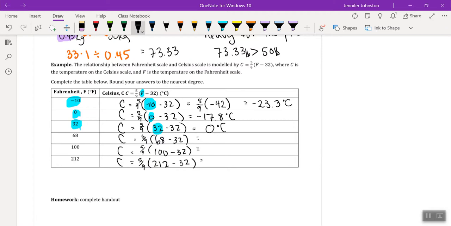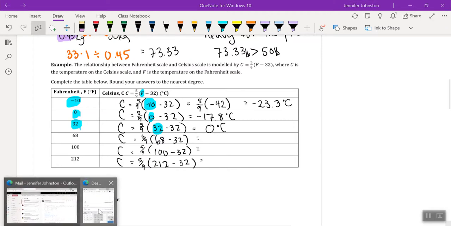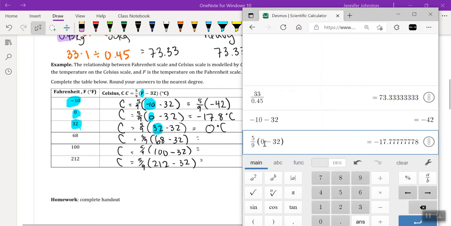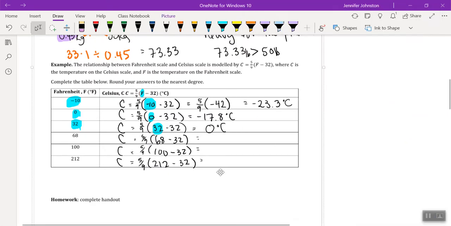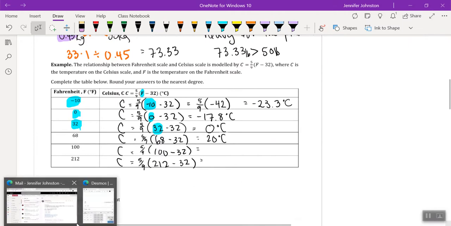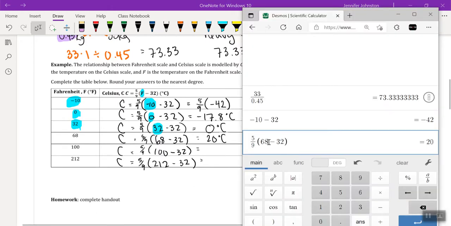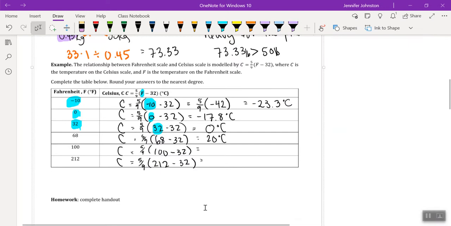Right, let's go calculate all those by changing just one number. I'm going to change that 0 to a 68. Okay, we get 20. What about 100 degrees Fahrenheit? What's the temperature? Ooh, that's hot. 37.8.